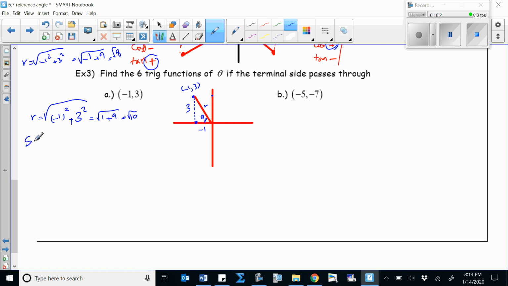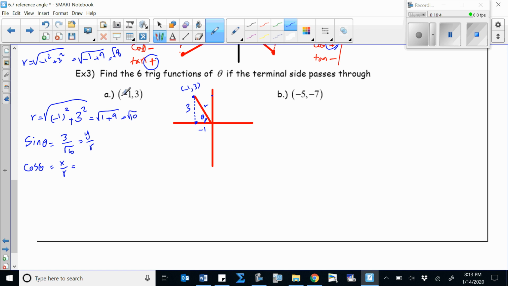Now, sine of theta. Sine of theta is opposite over hypotenuse. So it's just 3 divided by radical 10. It's actually y over r. I'm going to write that here. Y over r. The y is 3 and r is radical 10. Cosine of theta is x over r.